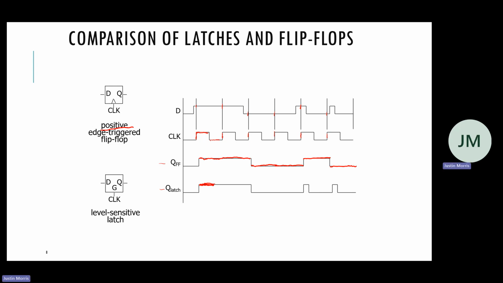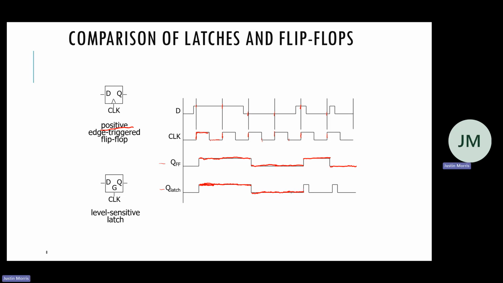So while the clock is 0, we hold. Then again, the clock turns to 1, and we become transparent, and D still happens to be 1. Clock becomes 0, we hold. Clock becomes 1, we are transparent. D was 0, so we become 0. Then clock is 0, we hold the 0. Clock is 1, D is still 0. Clock is 0, we hold.